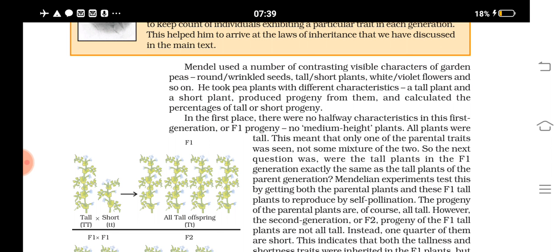And likewise for flower color, he took the plant producing white colored flowers and the plant producing violet colored flowers. Is it clear? So in this way he always took characters which have contrasting traits.